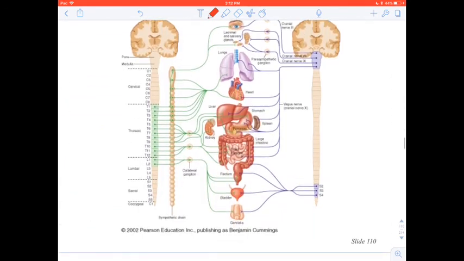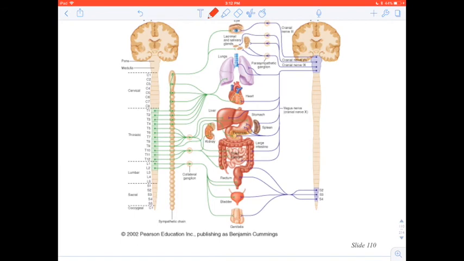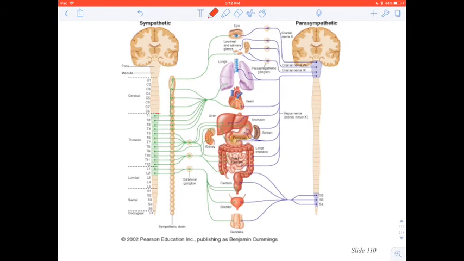And again, we see our sympathetic going thoracic through lumbar, everything that they can affect. And then our parasympathetic here from the brainstem and the sacral region and all the things that it can affect. Most of these through, look at that, vagus nerve.